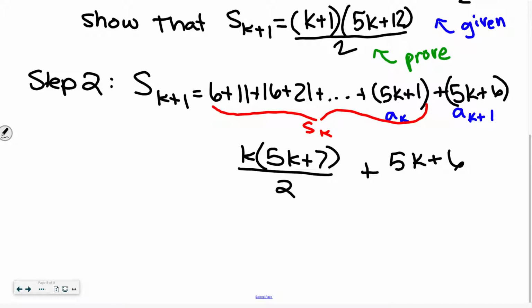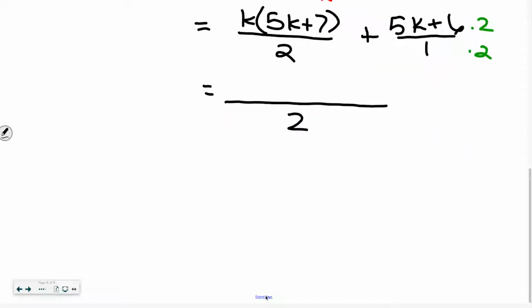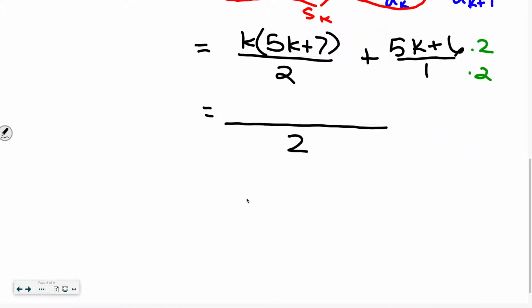Well, I'm going to have trouble adding these because 5k plus 6 is like 5k plus 6 over 1. And in order to be able to add, I'm going to need common denominators. So I'm going to multiply this by 2. Well, now I have a common denominator of 2. I'd like to add the stuff that's in the numerator. In order to do that, I'm probably going to have to distribute.